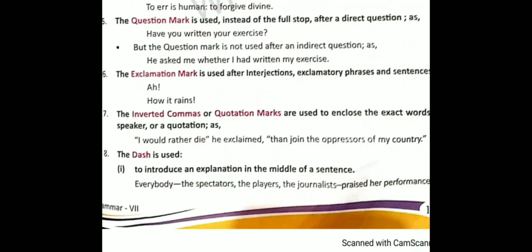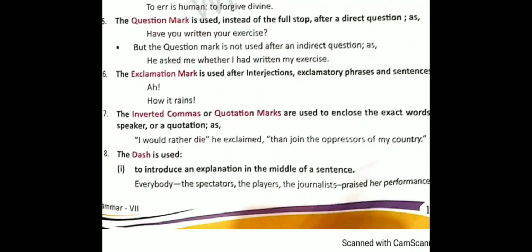See children, you know what is exclamatory in sentences. In the first chapter you must have learned about the exclamation mark, and you know what is an interjection. You must have studied interjections in the smaller classes. So the exclamation mark is used after such sentences.